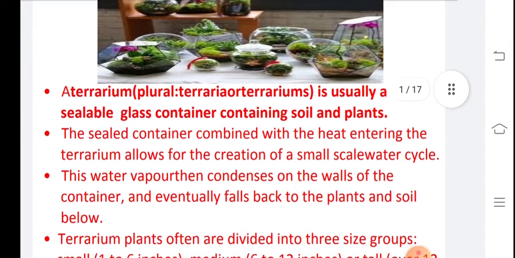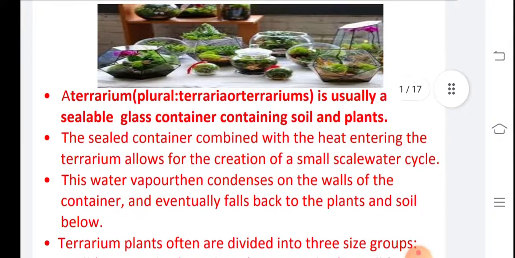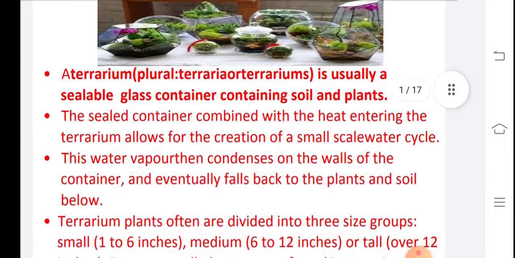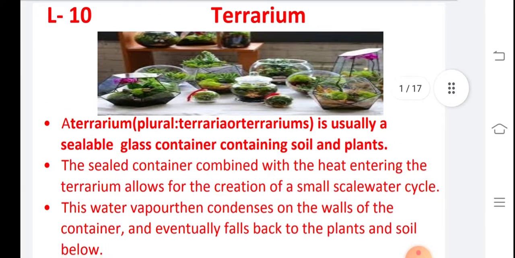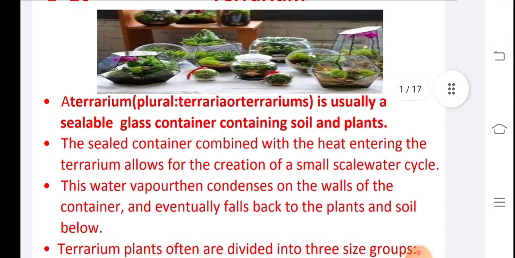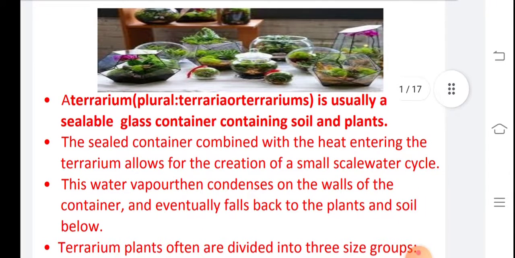Sealable means we may cover it by sealing, or there is a cork. These containers are generally transparent glass bottles, and they are larger.